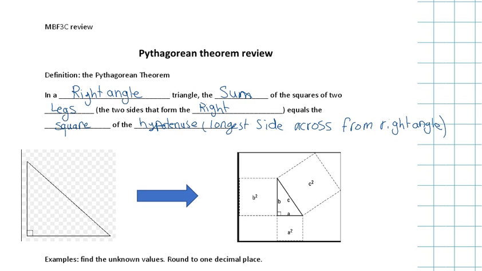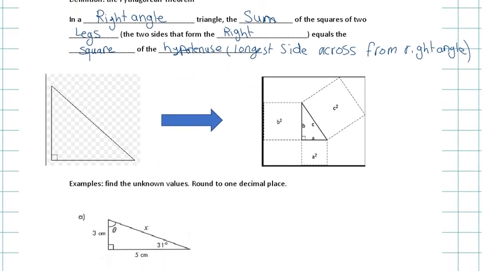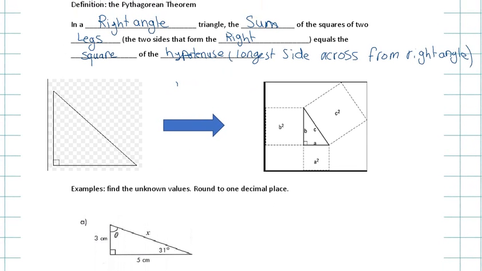Okay, so this is where the formula comes from: a squared plus b squared equals c squared. In this case, I'm always going to call the hypotenuse C, and we're going to call the legs A and B. It doesn't matter which is A and which is B, because at the end it's just addition, and with addition it doesn't matter which one is which.